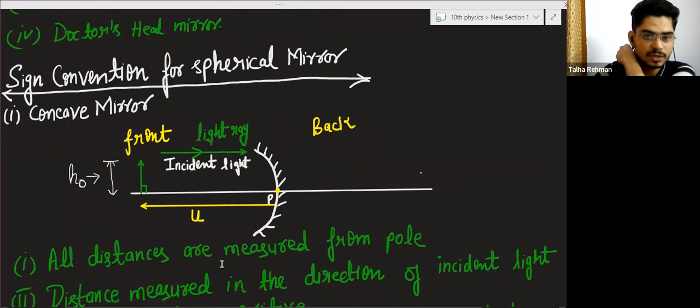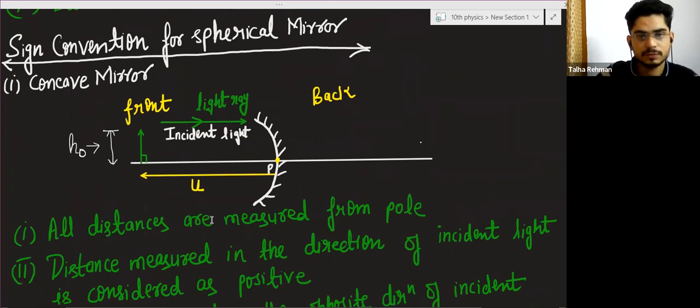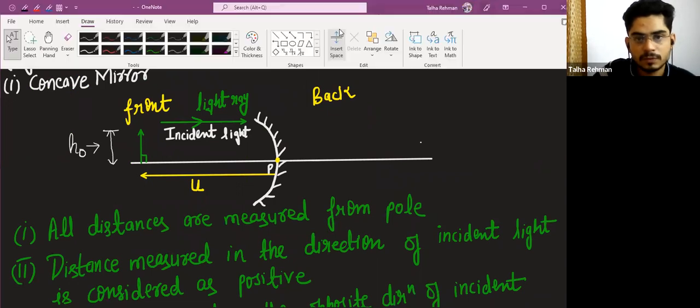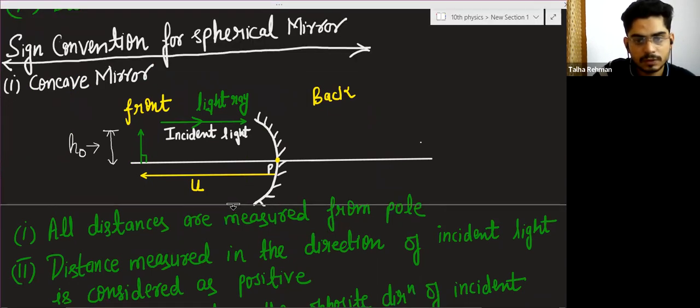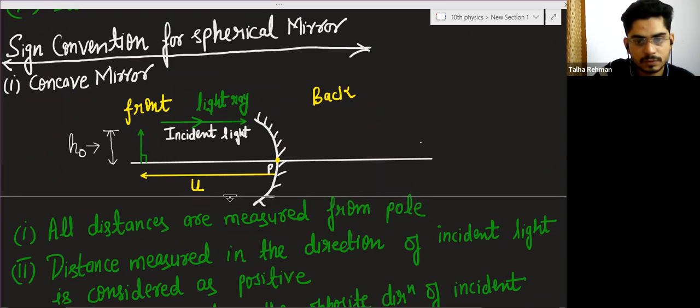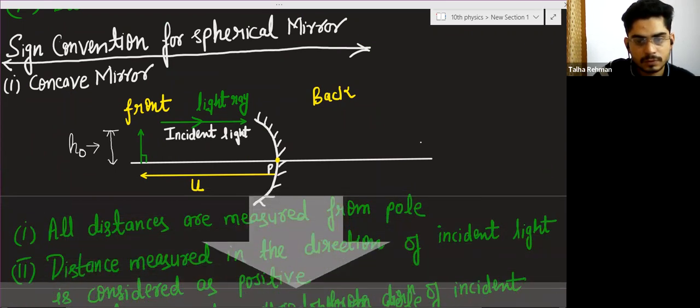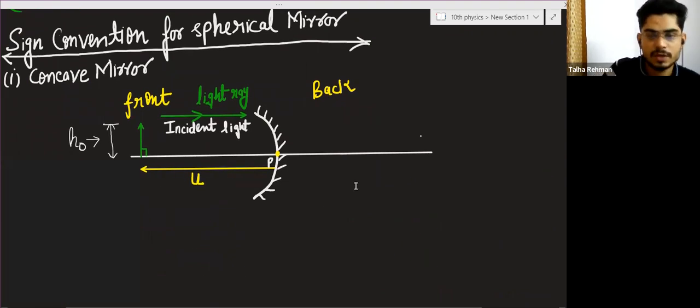So here you can see that, if you are measuring the distance in this direction, this distance will be negative distance.